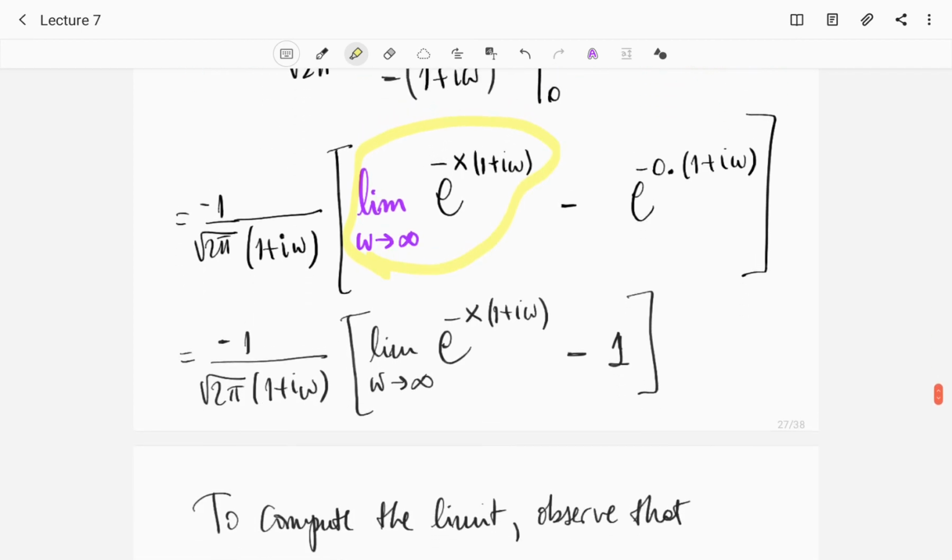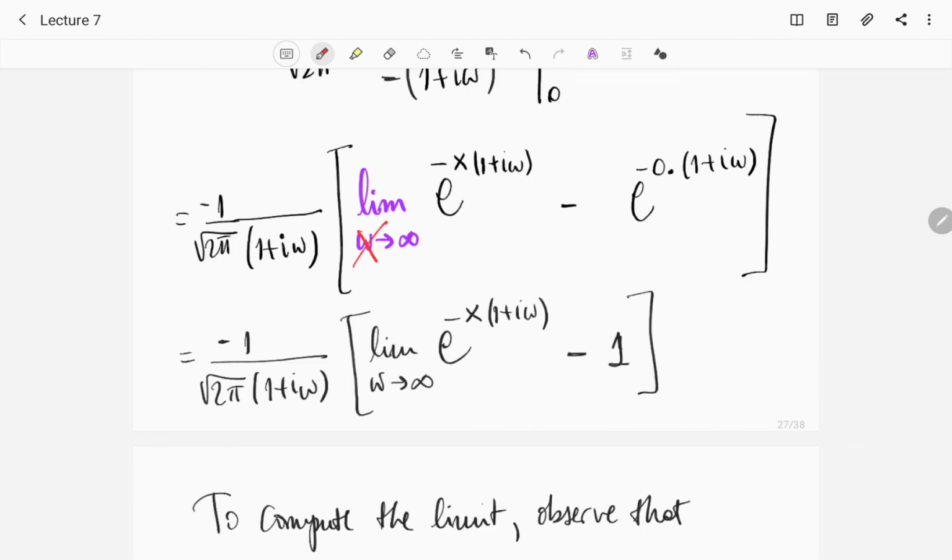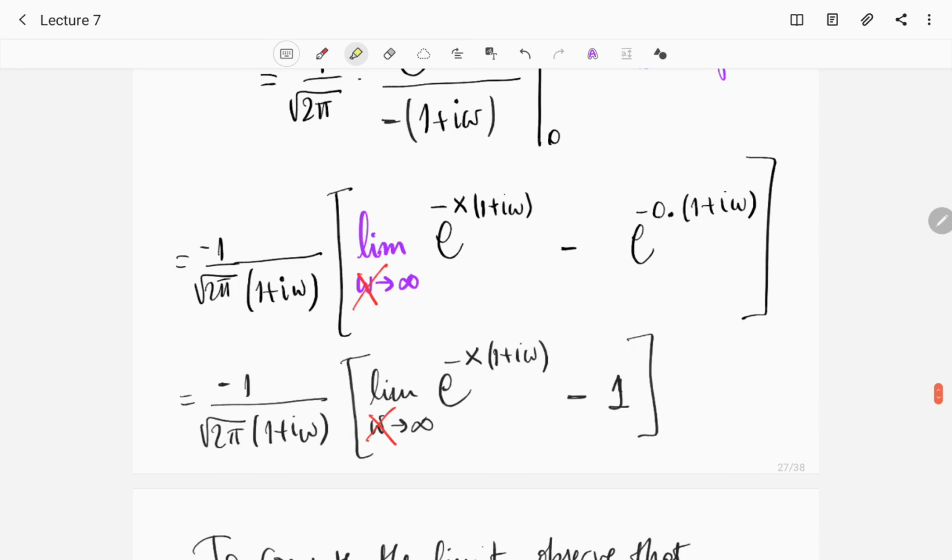And sorry, I think it's x here. Let me correct this. This is x going to infinity. Okay, so it's the limit of x going to infinity, and here we have that x is equal to 0.